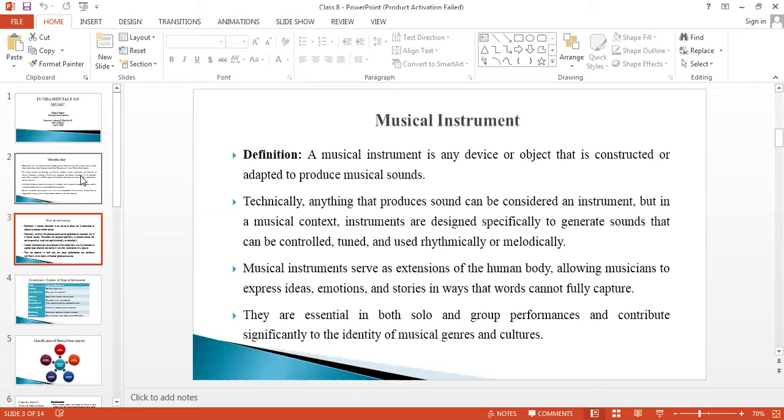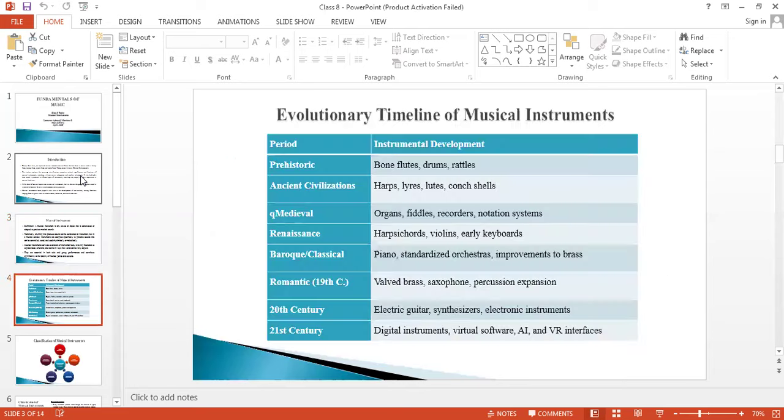It expresses the ideas, the emotions, and the story behind it. And they are essential in both solo and group performance, and contribute significantly to the identity of music genre and culture.